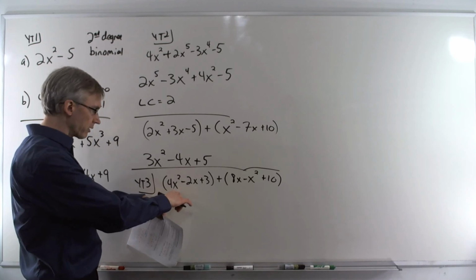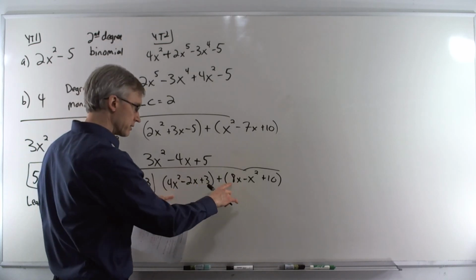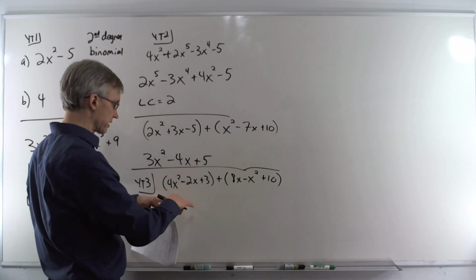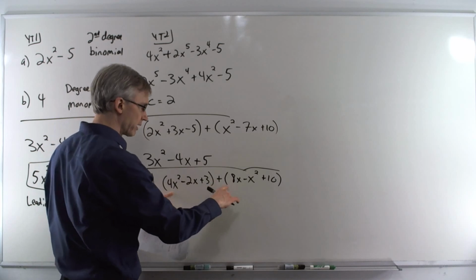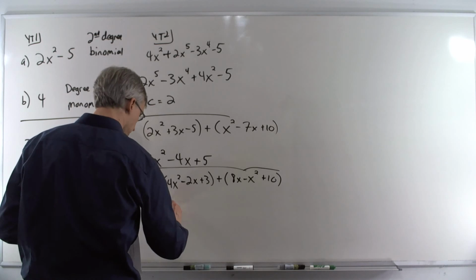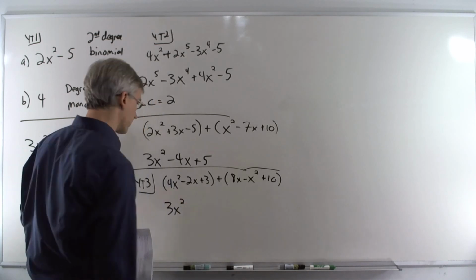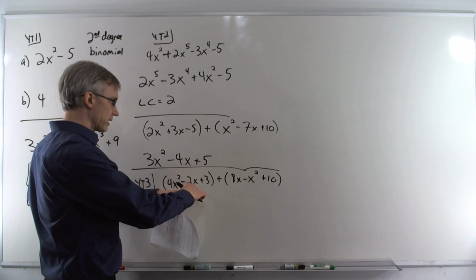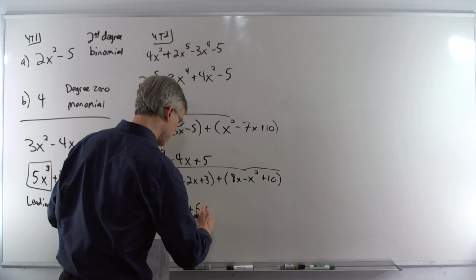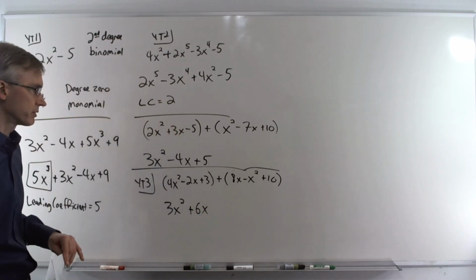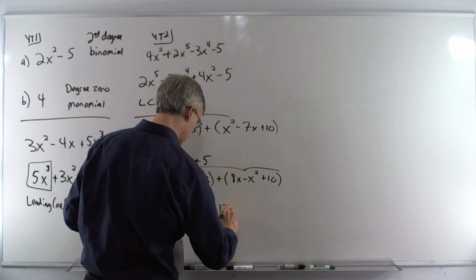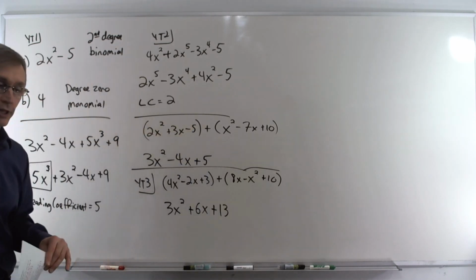We got 4x squared here, and these aren't matched up in order. And that's going to happen sometimes. So we just got to find the x squared term. So we're going to do 4x squared plus negative 1x squared. That's 4x squared minus x squared, so 3x squared. Next up, negative 2x plus 8x. Negative 2 plus 8 is 6, so plus 6x. All right, now we'll do the numbers. 3 plus 10, 13. 3x squared plus 6x plus 13.